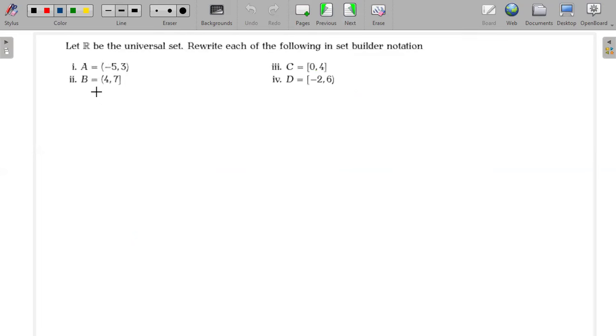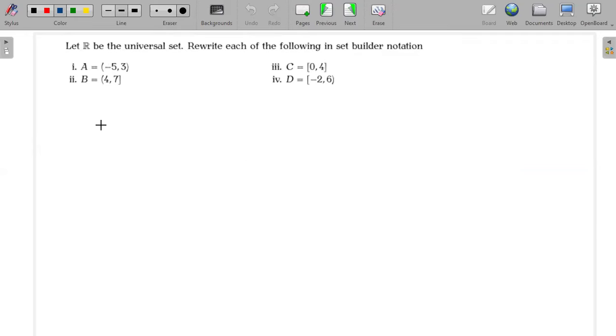Okay, next we have: let R be the universal set. So R is the universal set, and they're telling us to rewrite each of the following in set builder notation.